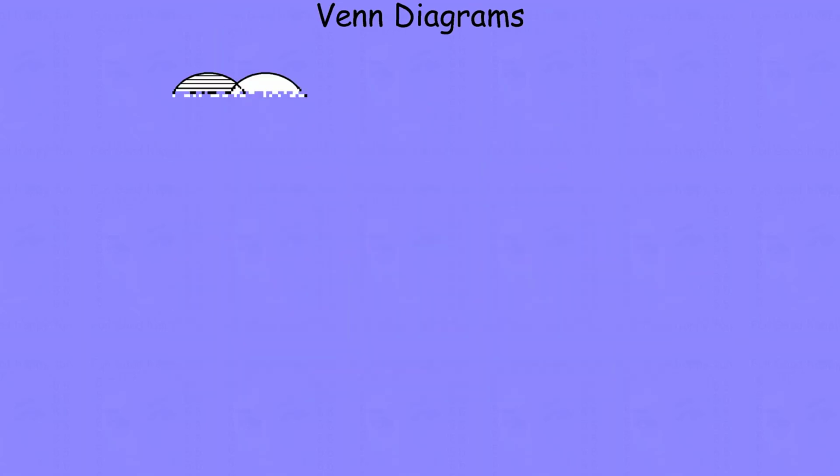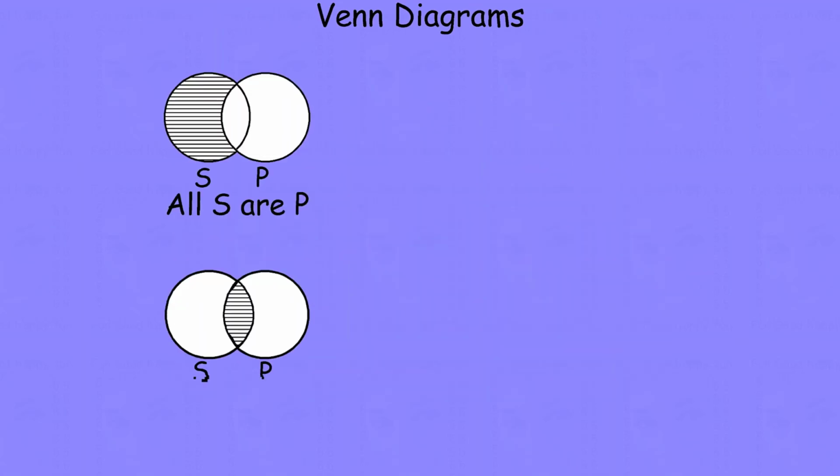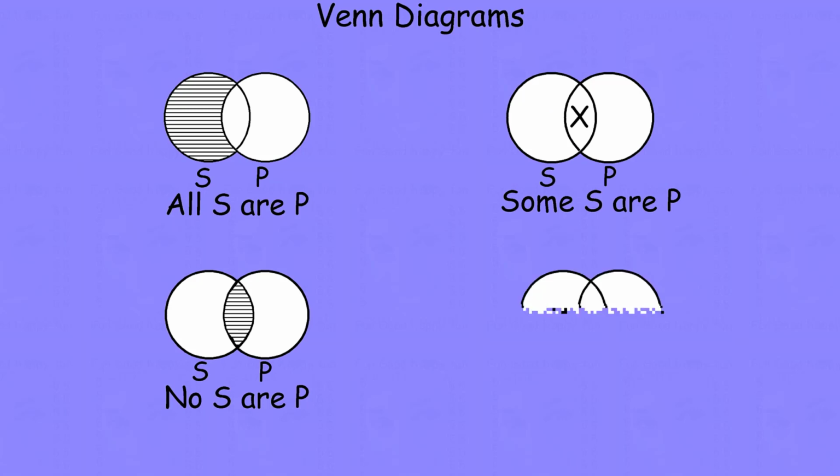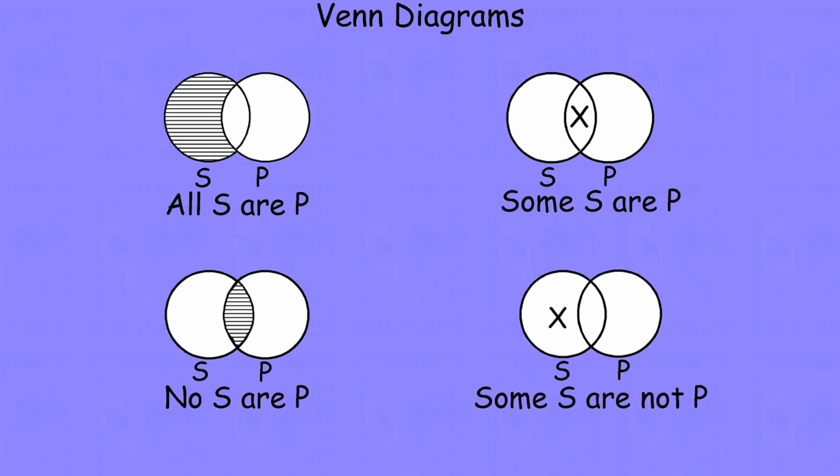We then spelled out how we would symbolize each of our standard form categorical statements, what absolutely at minimum had to be true in the world in order for each of these statements to be true under that Boolean interpretation. So maybe our subject class has a member, maybe it doesn't. Maybe our predicate class has a member, maybe it doesn't.